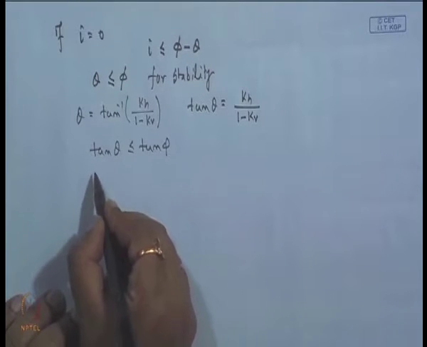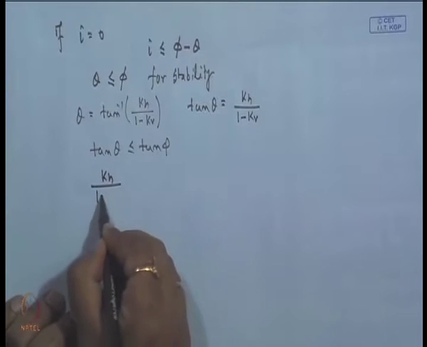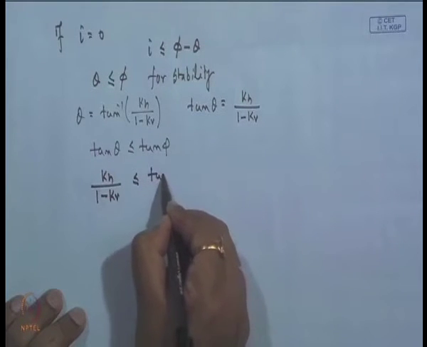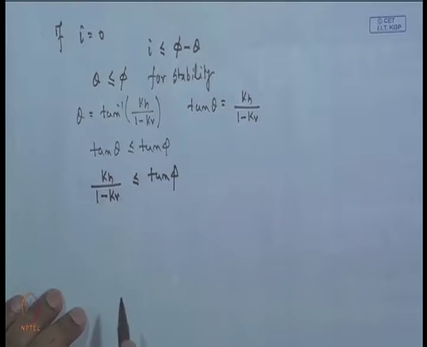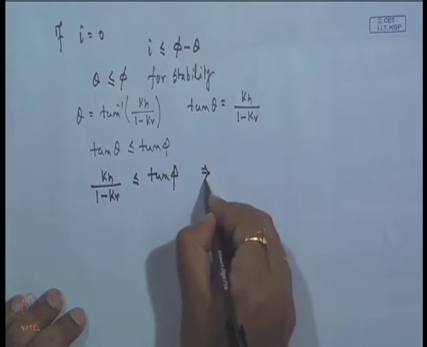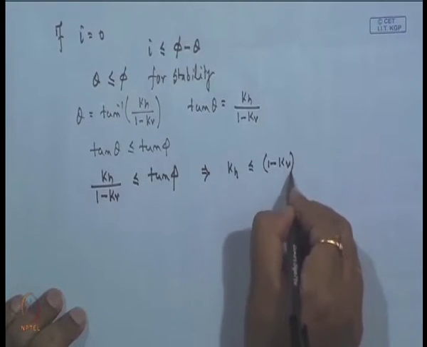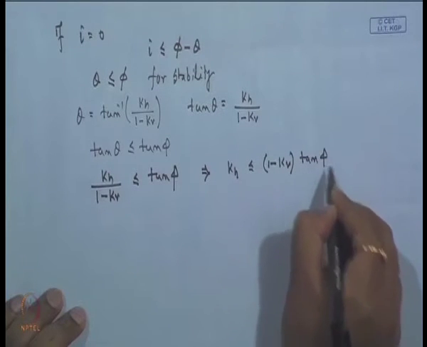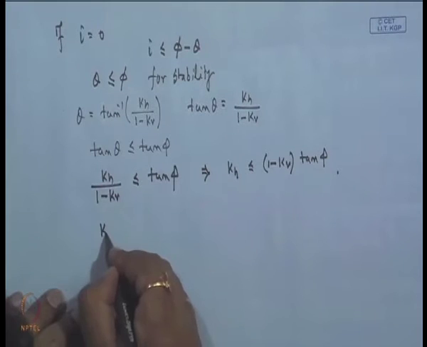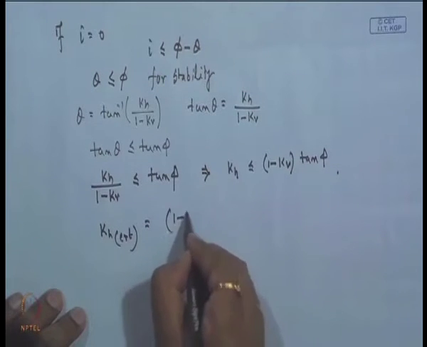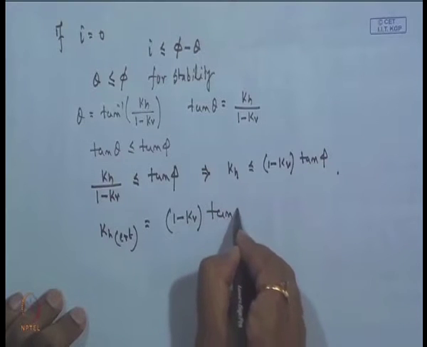So, kh over 1 minus kv should be less than or equal to tan phi. And finally, we can write that kh should be less than or equal to 1 minus kv into tan phi. So, we can write that kh critical is equal to 1 minus kv into tan phi.